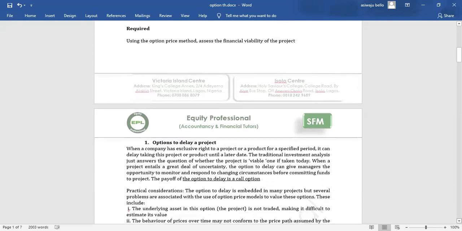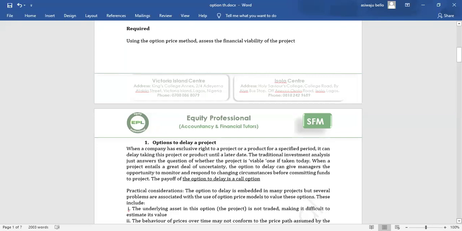Tonight, we shall be starting with option to delay. The second area of application is option to delay a project. How does this work? If you look at the conventional net present value, it assumes that a project will commence in year 0 and end at a particular year.